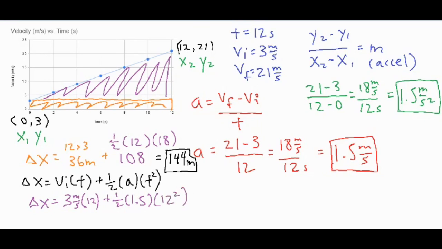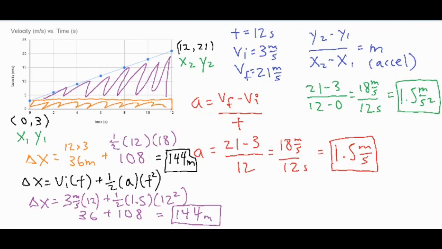I'm going to go ahead and square that. Okay, so the 3 times 12 is 36, just like this orange value right over here. And then if you take 1/2 times 1.5 times 144, which is 12 squared, you actually get 108. And of course, if you add 36 and 108, as you did the first time, you still get 144 meters.